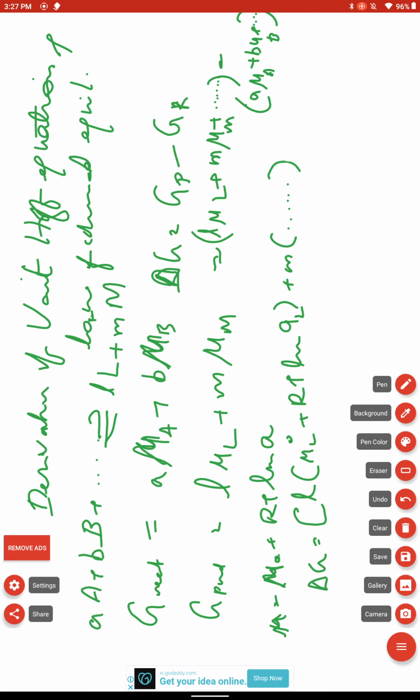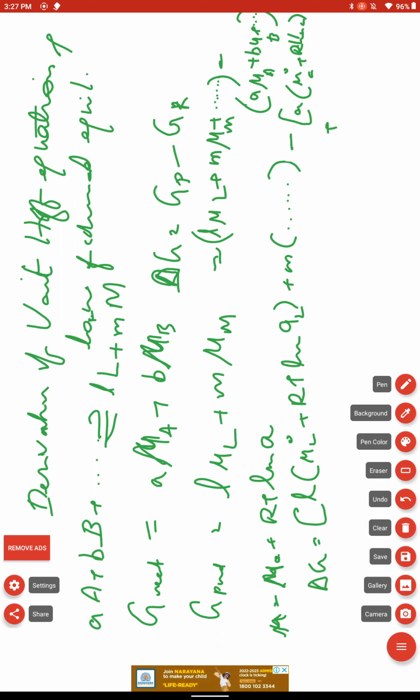Then minus of, in the case of reactants, a into mu 0 A plus RT ln a A, plus b into mu 0 B plus RT ln a B.